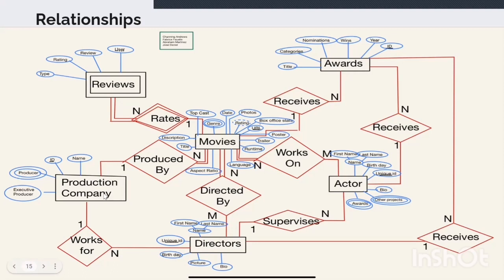Lastly, we have the relationship between our production company and our movie entity. So a production company might or might not produce n number of movies, but a movie must be produced by one production company.